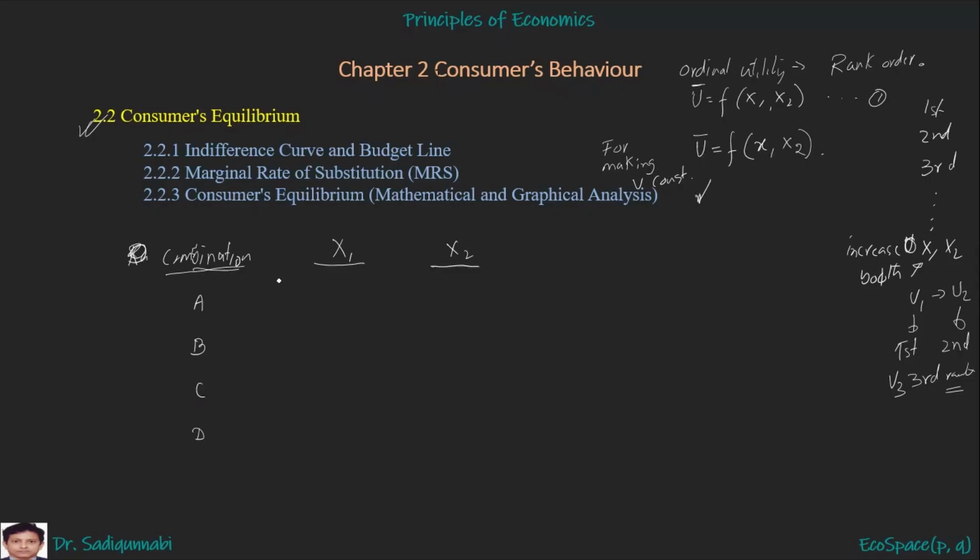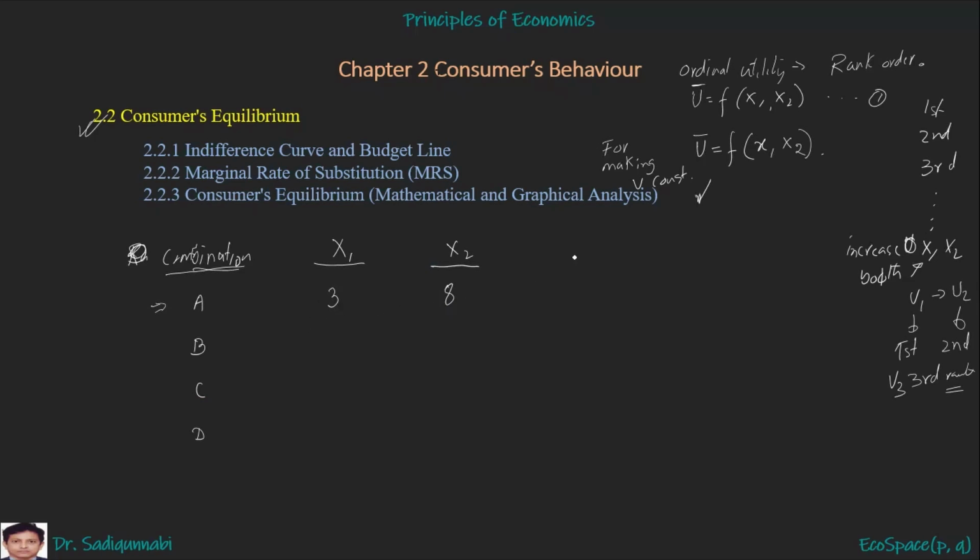Okay, so suppose the first combination is 3 and 8. So this is a combination. In combination A, we take 3 units of good x1 and 8 units of good x2.